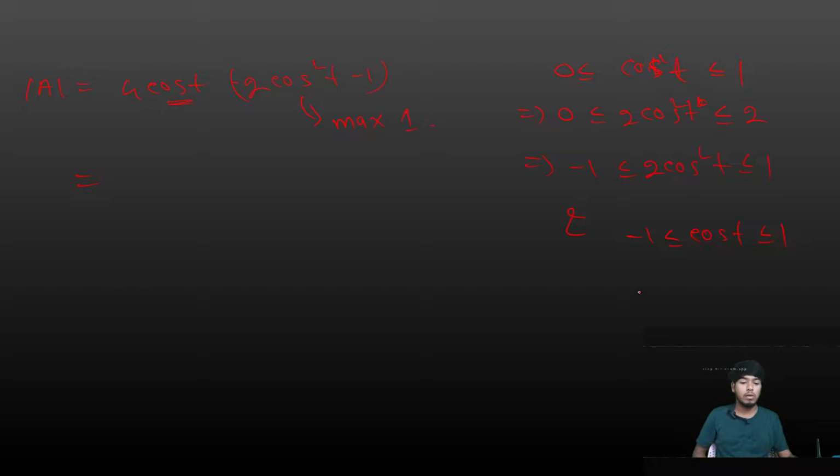Cos t का maximum value क्या होता है? -4 less equals to 4 cos t less equals to 4. तो 4 cos t का maximum value क्या है? 4 है. इसका maximum value क्या है? 1 है. तो जब maximum maximum match करेगा तभी ना maximum होगा. तो इसके लिए 4, इसके लिए 1, so max of determinant of A is nothing but 4 times 1 equals to 4. This is our answer.